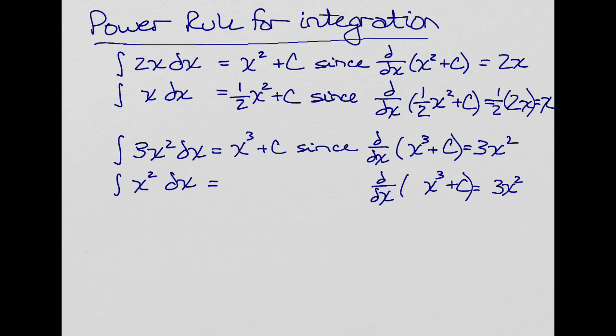Well, we can fix constants. If I want this to be a 1, I can multiply it by 1/3, which means I was multiplying it by 1/3 out here. 1/3 times 3x squared is 1x squared, which is how I needed it to turn out. So my antiderivative here is 1/3 x cubed plus a constant, since when I take a derivative of that, I'm going to get x squared like I wanted.